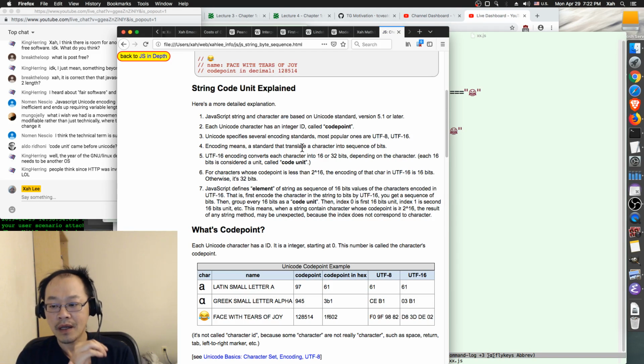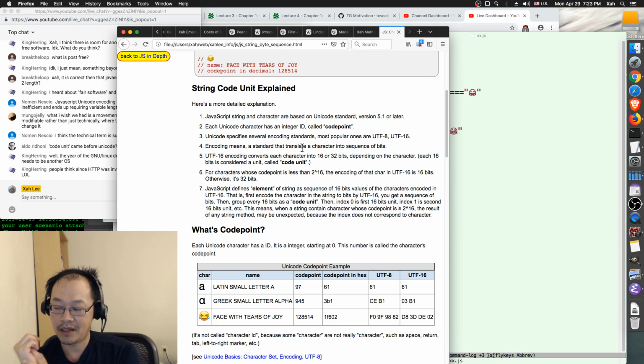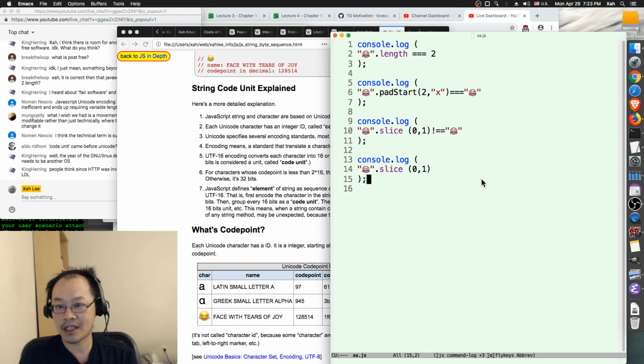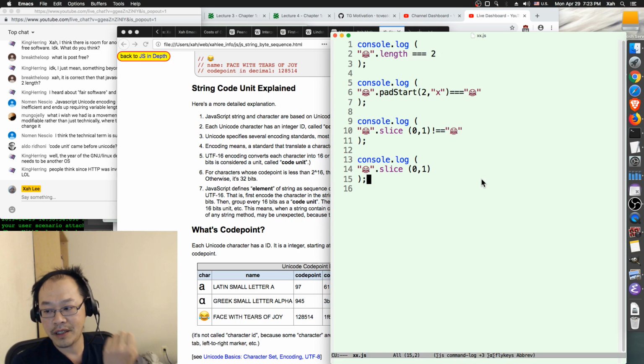Now let's talk about UTF-16, because that is what JavaScript uses to encode characters into bits in a JavaScript string. When you have a string in JavaScript, it takes each character and converts it to a sequence of bits by UTF-16 encoding.